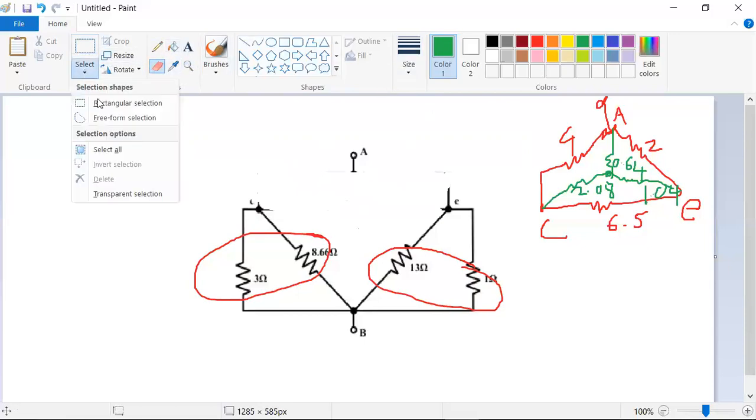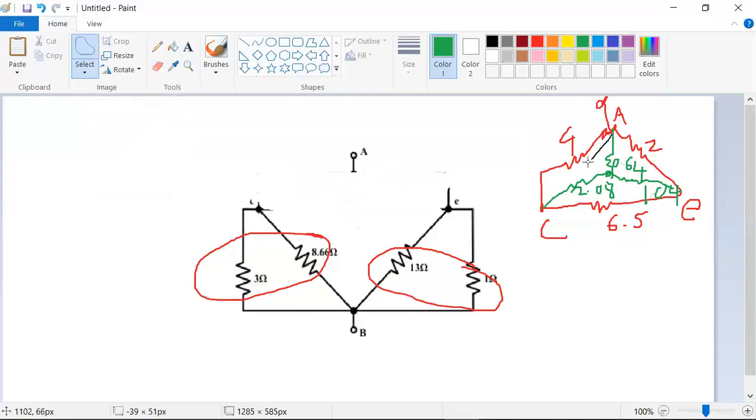So here I'm inserting that star connection over here, right?